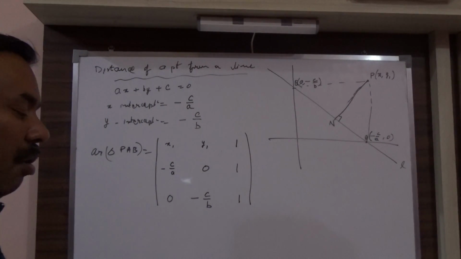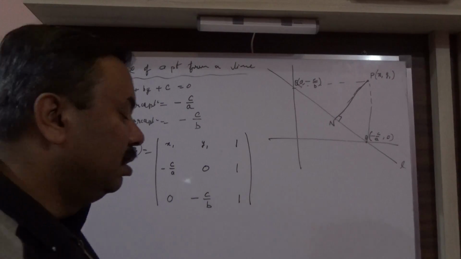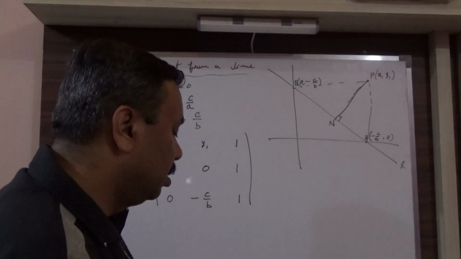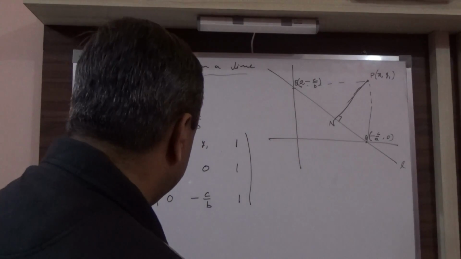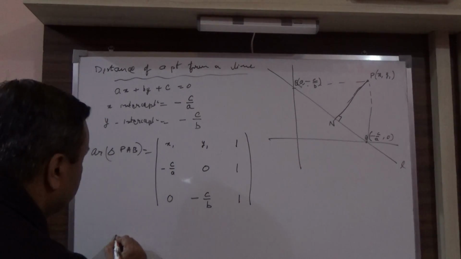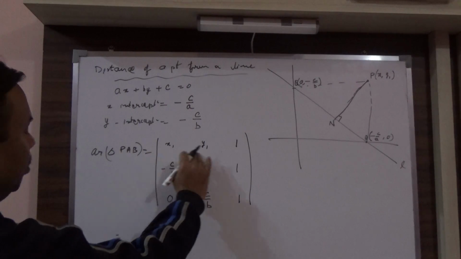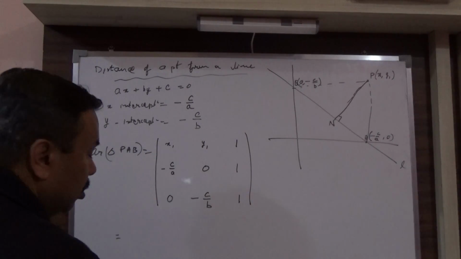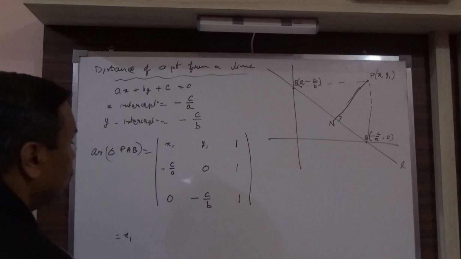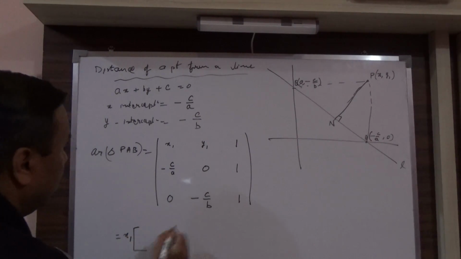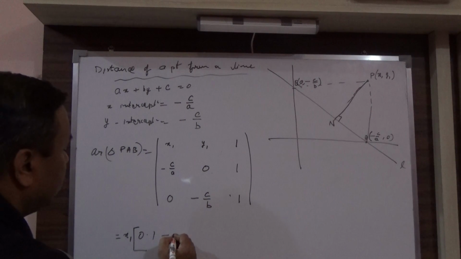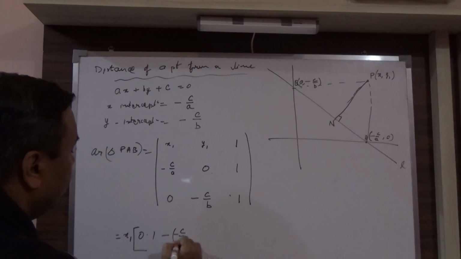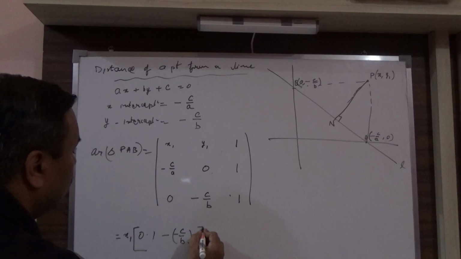Once you expand this determinant, expand from there only, that will be x1 multiplied by 0 into 1 minus C by B into 1.